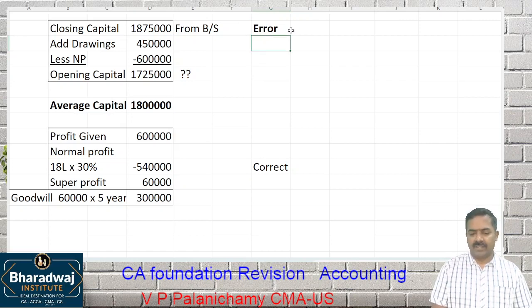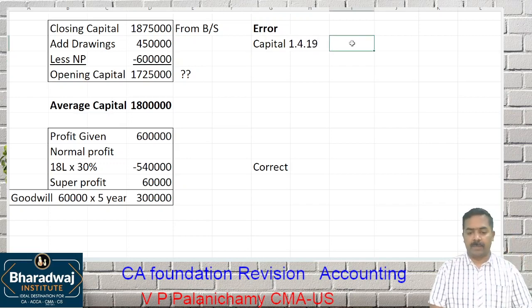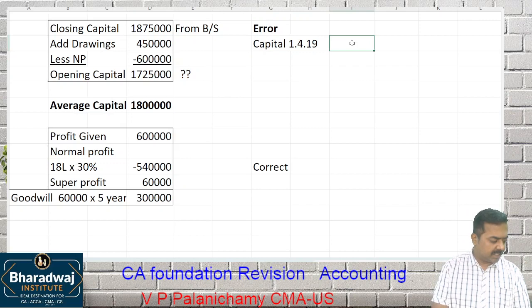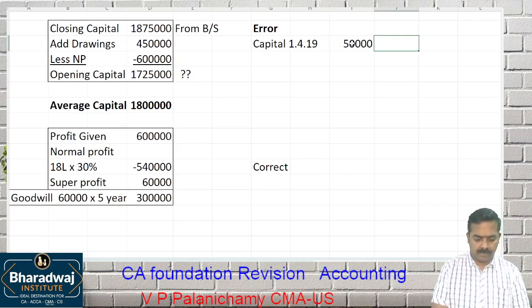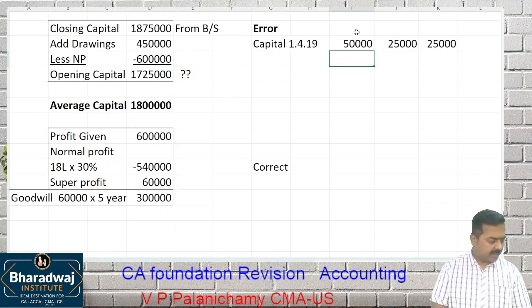Okay. What is the capital given? Capital given on 1/4/2019. Not current year capital, the 2019 capital is given. What is the capital given? 3,000, 25,000. Who are the partners?